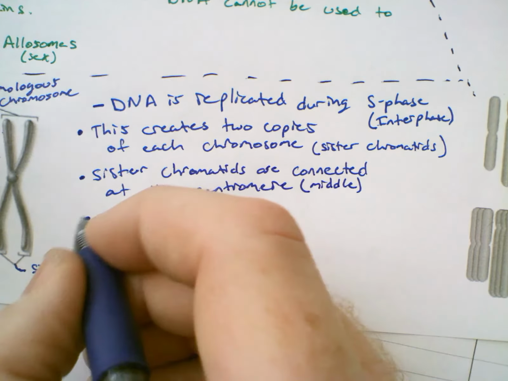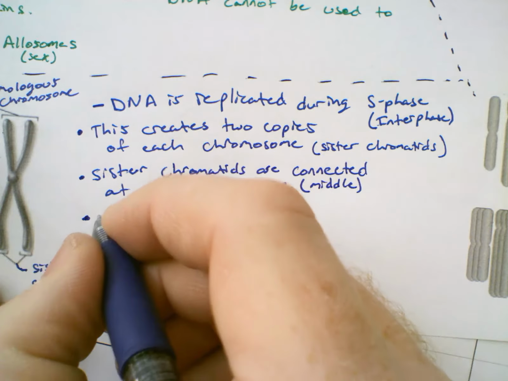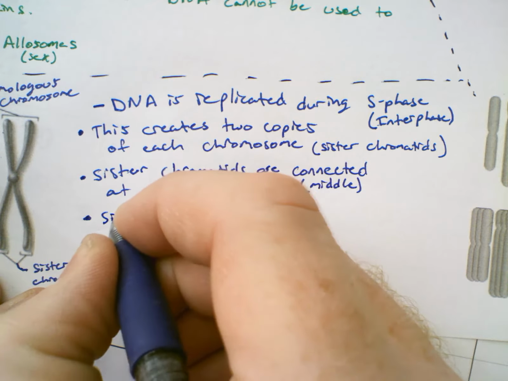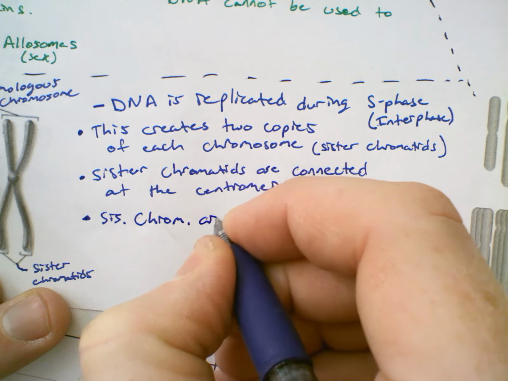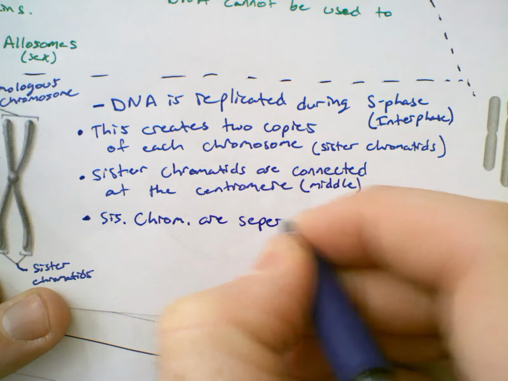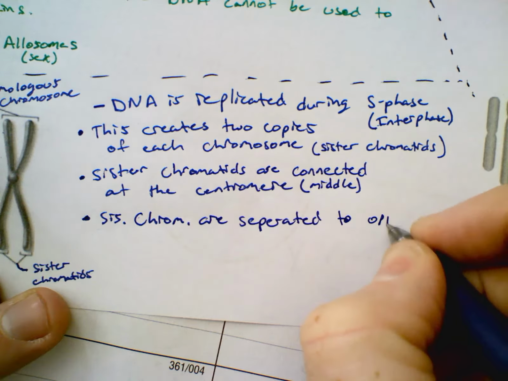Okay, and then the last thing that you would need to know is that during mitosis, the sister chromatids are separated from each other. They're separated to opposite sides of the cell.